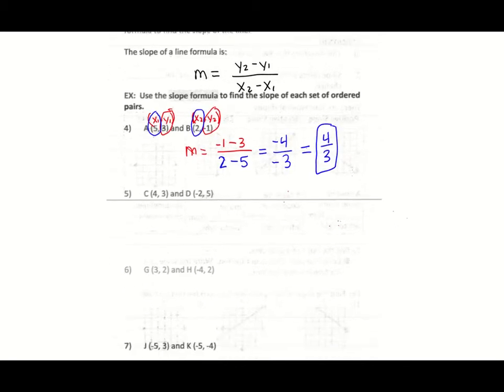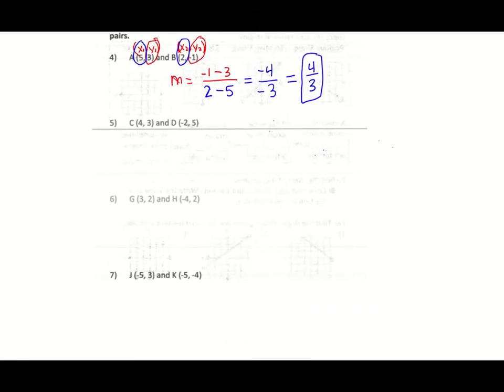Okay, let's do number 5. First thing I'm doing is labeling my points, x1, y1, x2, y2. Makes it easy so I don't get confused. So now I have m equals y2, which is 5, minus y1, which is 3, over x2, I have a -2, minus x1, which is 4.